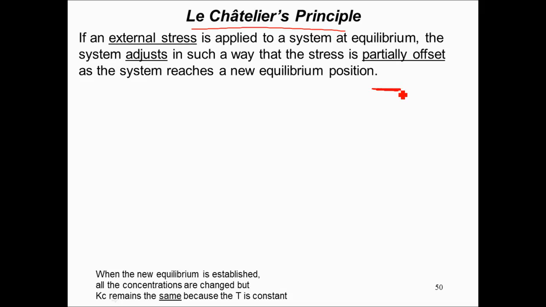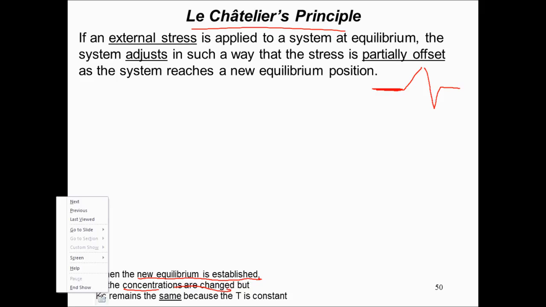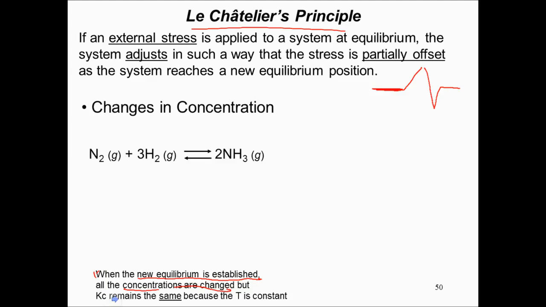If you apply a stress, let's say you increase pressure, what the system will do is try to decrease that stress in such a way that it will partially offset the system and you will get a new equilibrium established. And just down here on the bottom, make this note, when you have this new equilibrium established, all the concentrations are changed, but the Kc will remain the same because the temperature in all of this has remained constant.